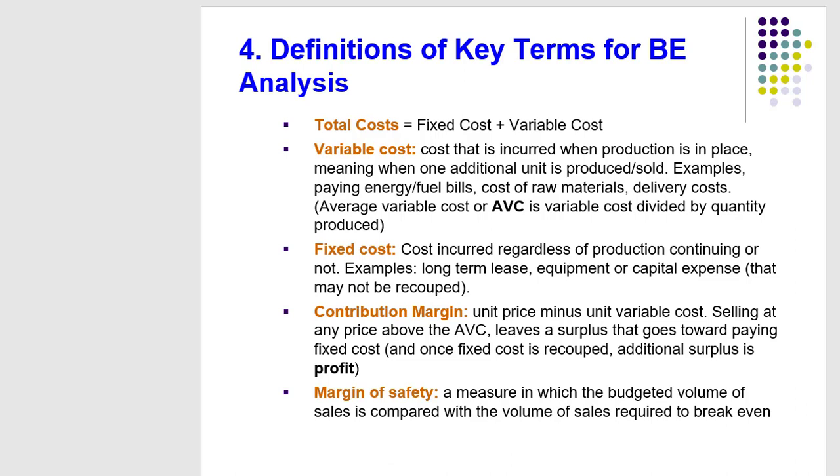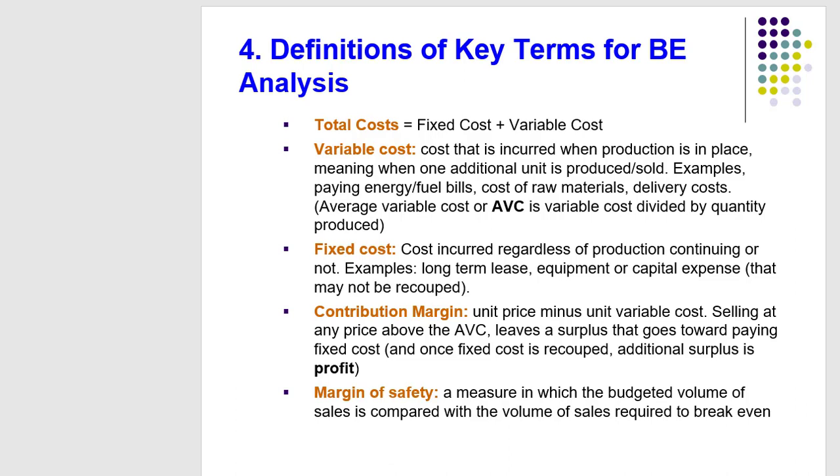And of all the units produced, there will be some additional cost. So that's the variable cost. Variable costs typically include energy, fuel bills, cost of raw materials, delivery costs, anything that's proportional to the production.